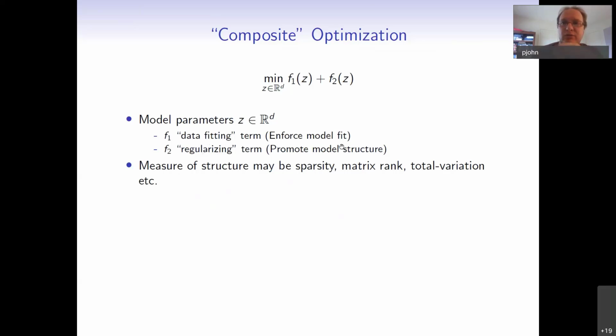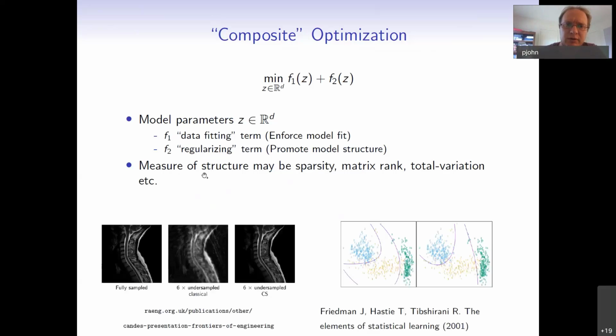So it's really a multi-objective type problem where you're trying to get a good fit for the model, but you're also looking for something which has some particular structure, like sparsity being the most famous example. And this comes up a lot in compressed sensing type problems for 2 decades or so now.